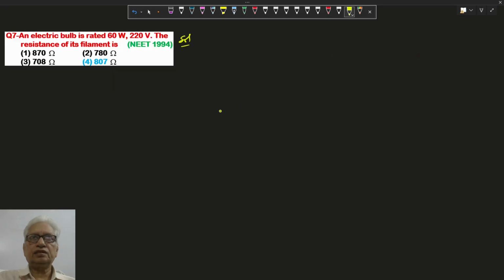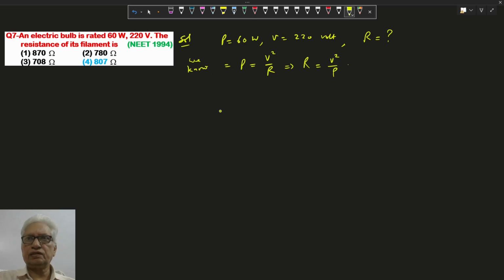In this question, power is given in watts and voltage is 220. You have to find out the resistance of this bulb. So we know the power formula will be P equals V square upon R, means R can be written as V square upon P. V means 220 squared divided by 60, cancel.